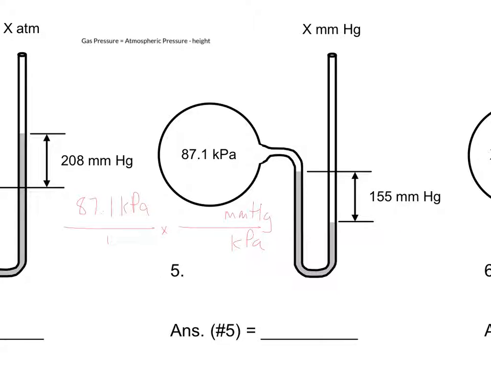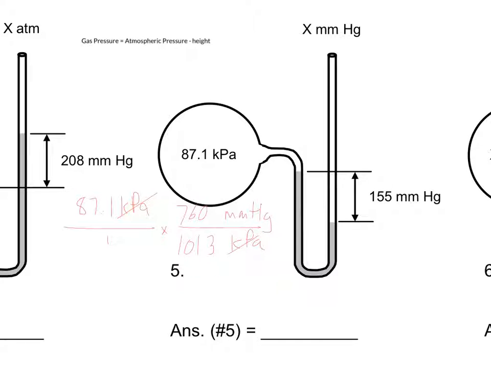So what I've done here now is I have placed a conversion factor for converting my kilopascals into millimeters of mercury. I'm now going to use those conversion values that I gave you, and I'm going to plug in the 760 for the millimeters of mercury and the 101.3 for the kPa. The reason the kPa again is in the denominator is so that it cancels and leaves us just the millimeters of mercury.